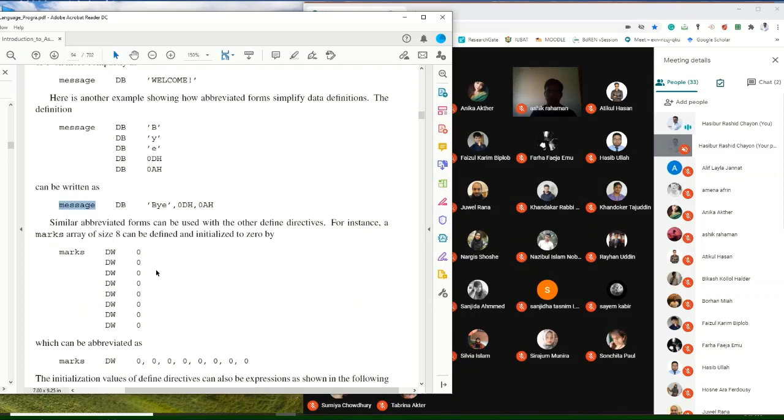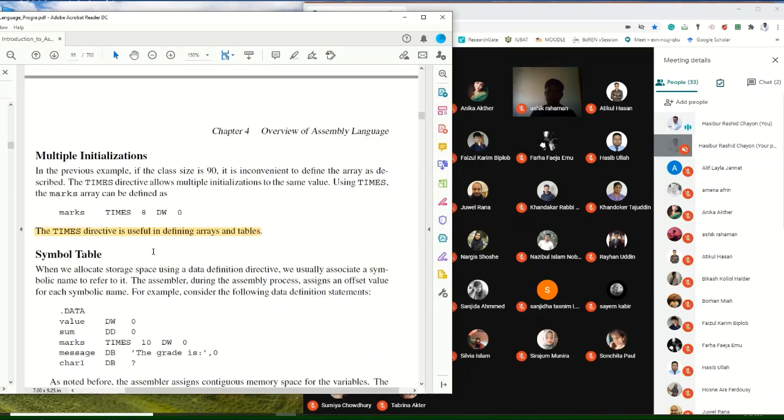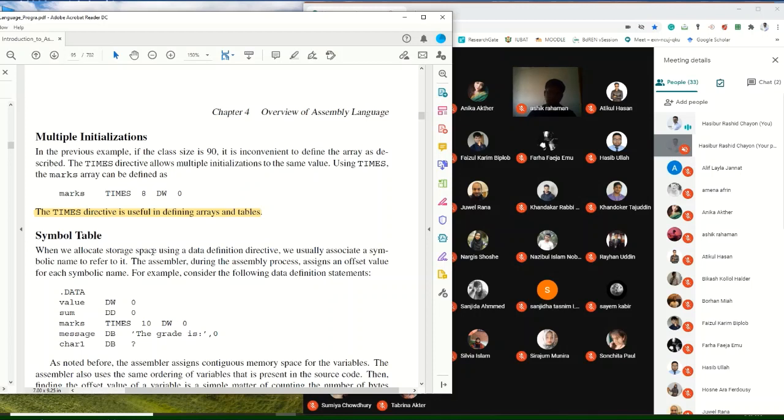We also have another multiple definition, which is called the array. How are we going to define an array in assembly language? This is the way we can define the array. We need to write TIMES. This is the keyword. By using TIMES, we can define the array or table in assembly language.